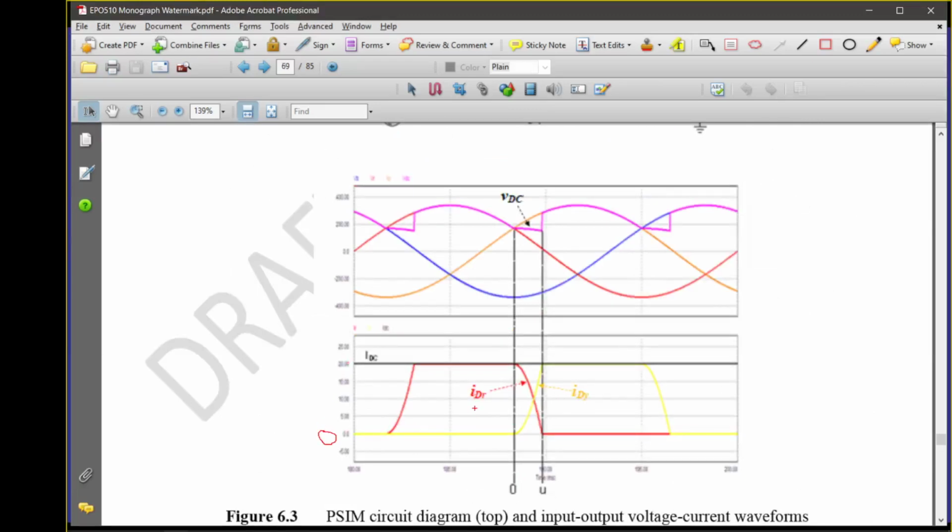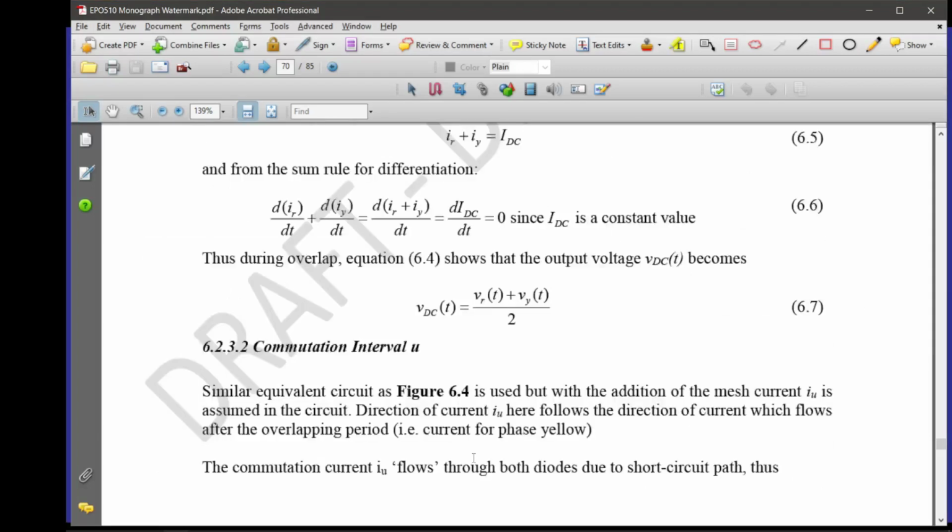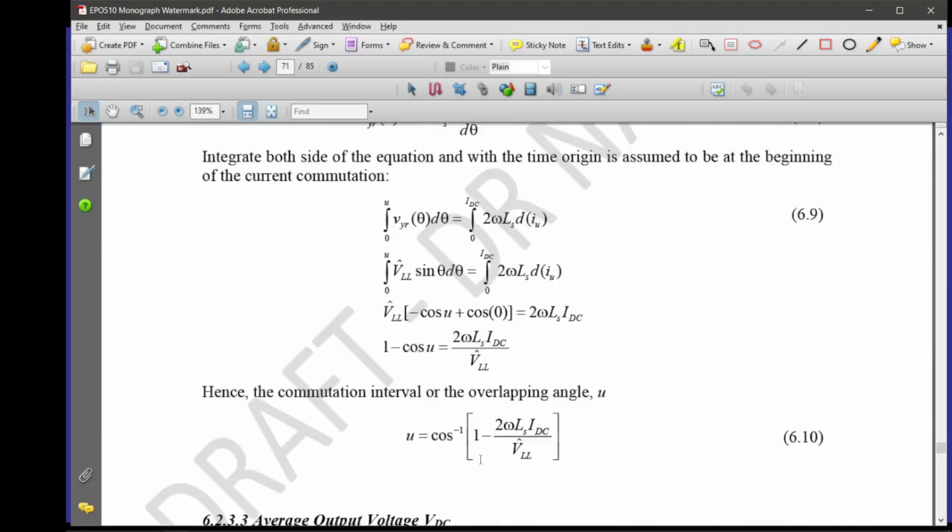So the integration is from 0 to IDC, and on the left hand side we have 0 to U. Solve that, and finally you find that the angle U is defined by this equation: U equals cos inverse of 1 minus 2 omega Ls IDC divided by V peak line to line.